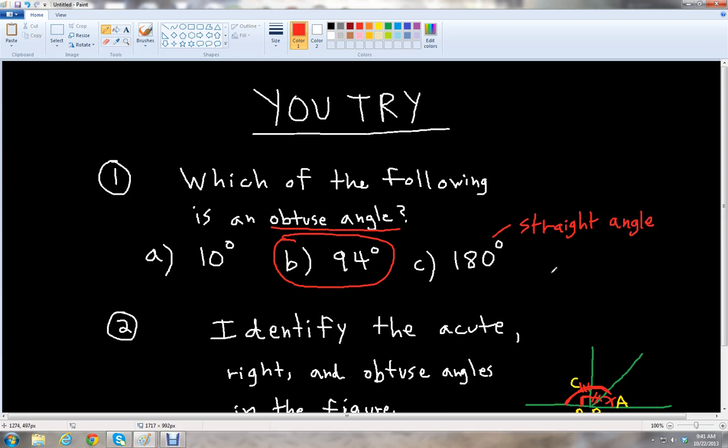So an example of a 180 degree angle is a straight line. So there is a straight angle, 180 degrees.